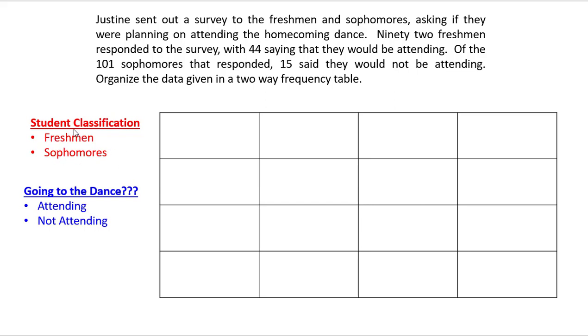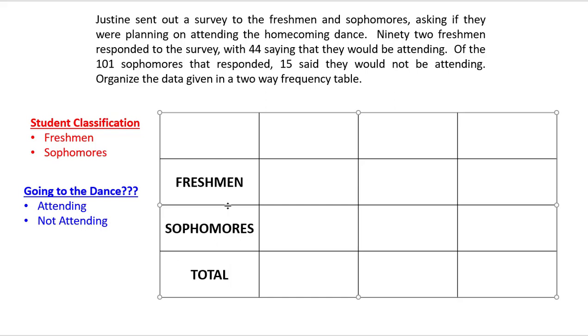And since I only have two choices, then that means I only have to take up two rows. So in my column, I would write freshmen, and in the next row, I will write sophomores. And the bottom will be our total.